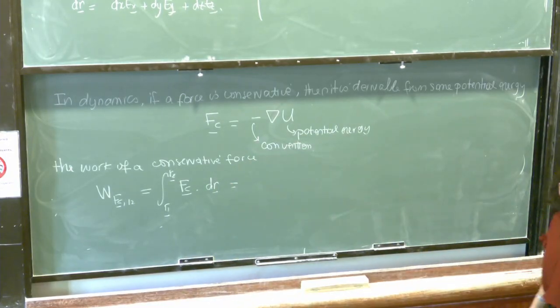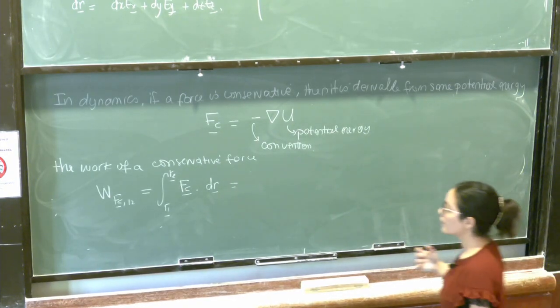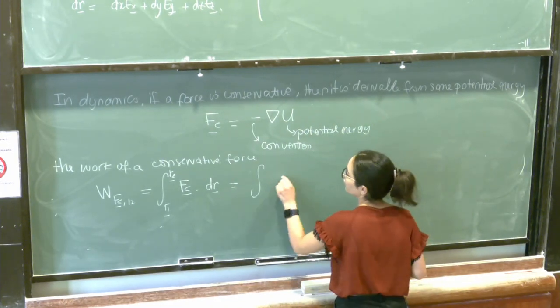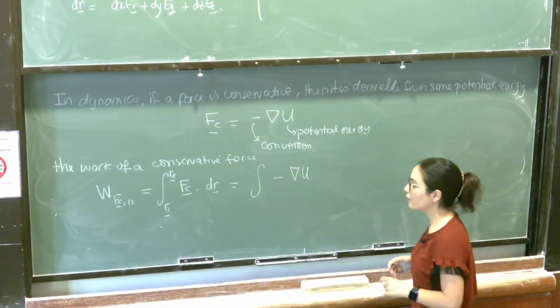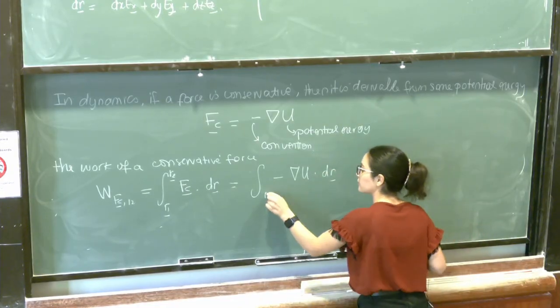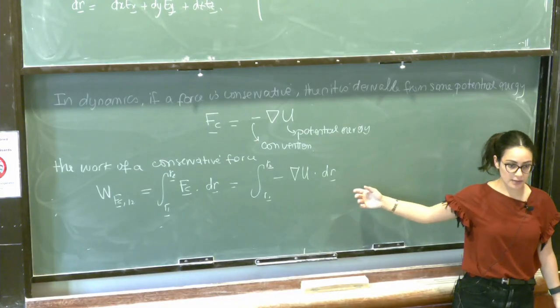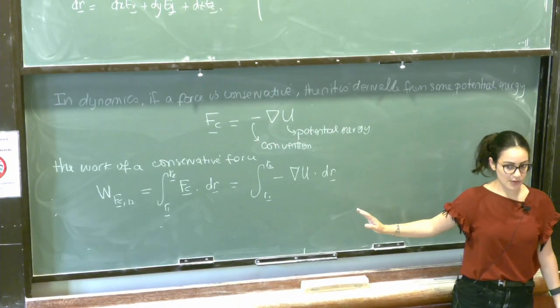With me so far? So now I'm saying, okay, what if the force that I have is conservative, meaning that it's derivable from a potential? Well, in this case, I want to calculate the work of the force and see if I have any simplifications. So instead of the conservative force, I'm going to put that it's derivable from a potential. So it's going to be the gradient of some potential function dot dr. Okay. Raise your hand if you're with me so far here. Okay, great. Any questions?